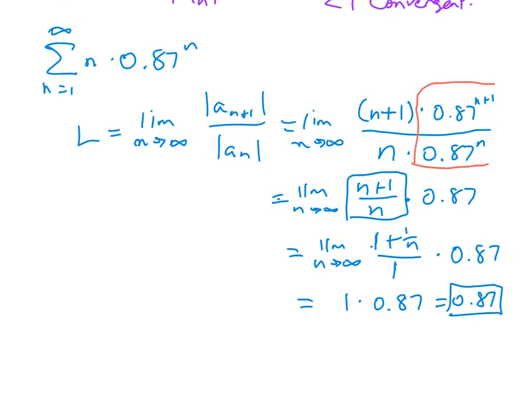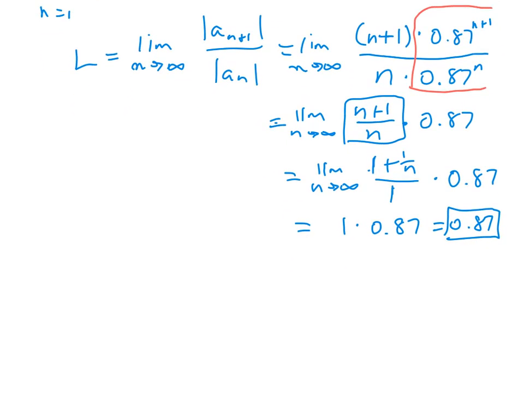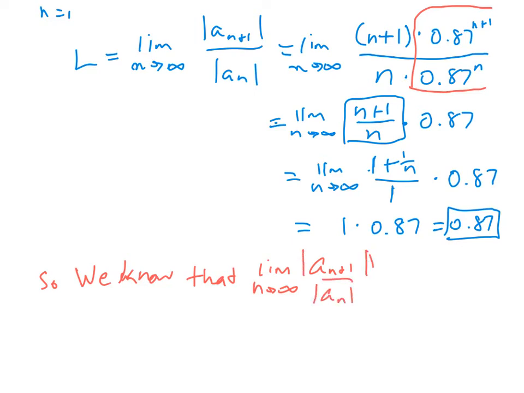Now I'm going to model here how you should write out the solution to one of these, because it's not just a matter of calculating a limit and saying, oh, I'm done. You have to say what all this means. So we know that the limit as n goes to infinity of a sub n plus 1 over a sub n is 0.87, which is less than 1.